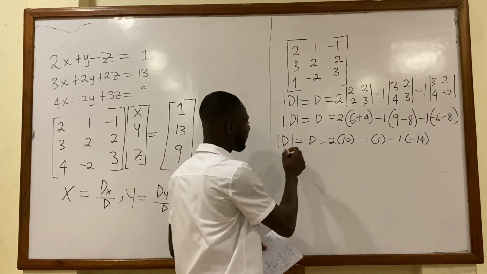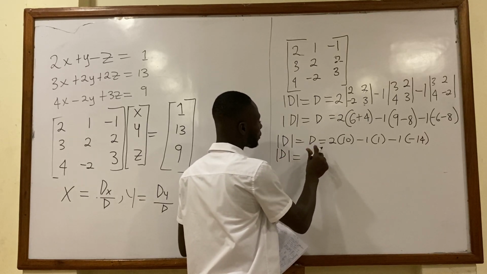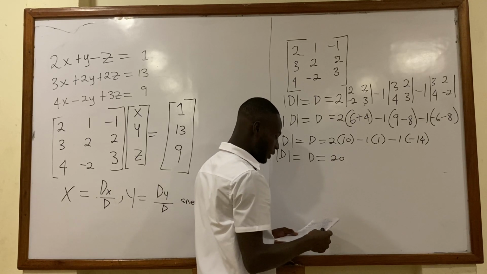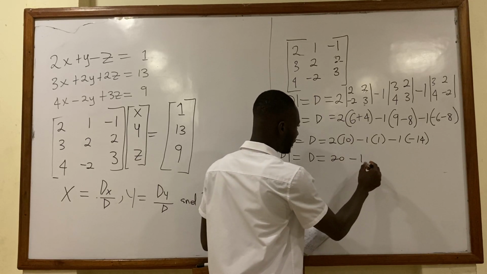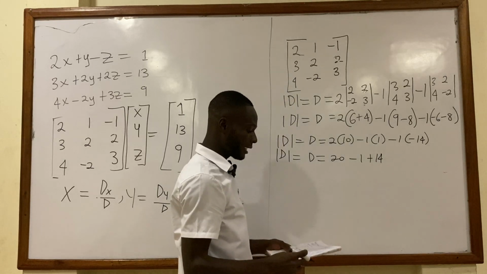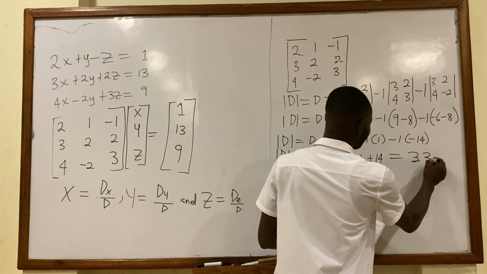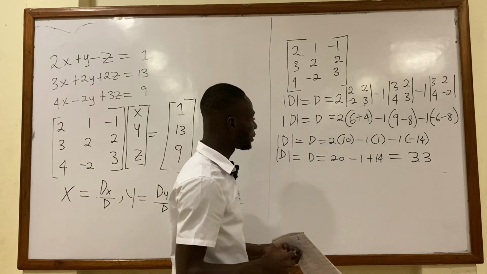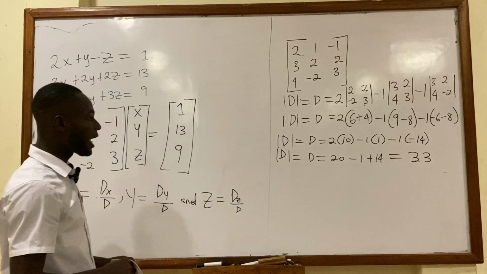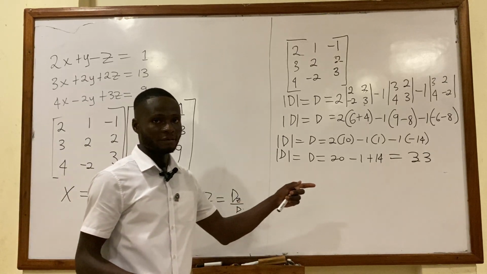So from here, we have determinant D, which is equal to 20 minus 1 plus 14, and that is equal to 33. So now we have D, or the determinant, as 33 for all.